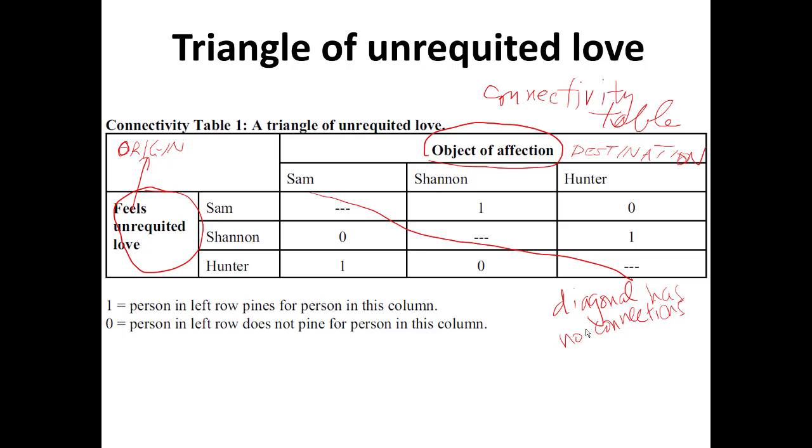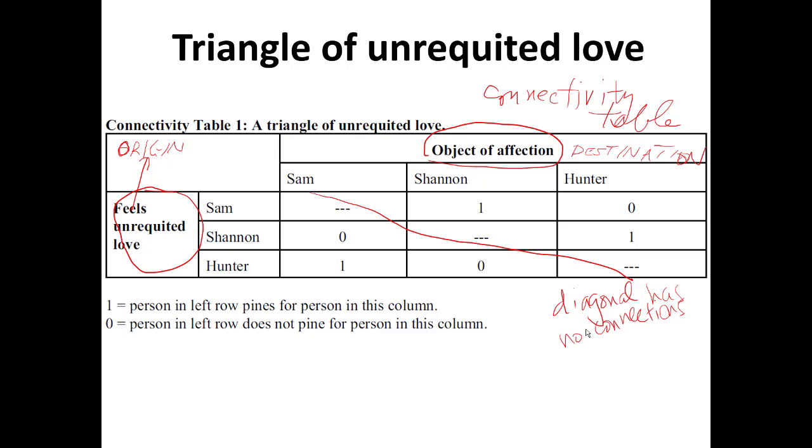Whereas here, Sam has no romantic feelings towards Hunter. Likewise, Shannon, and actually, now that I'm thinking about it, even calling it unrequited love is, by definition, the system has to be set up this way, because unrequited love means that the other person doesn't like you back.